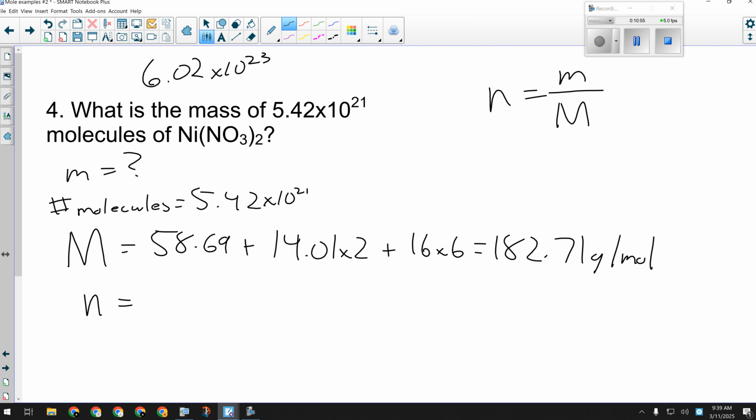In fact, in this one, an extraordinarily small number, because that is way less than 1 mole. So when I divide those two, I'm going to have 5.42 times 10 to the 21 divided by 6.02 times 10 to the 23. It's going to be like 9 thousandths of a mole, really, really small.